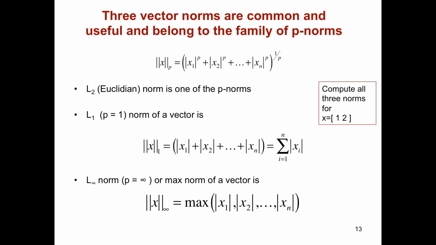And there's one norm that is kind of odd, because we cannot formally take that formula for infinity, but the infinity norm is actually defined as the maximum of all of the absolute values. So there's obvious use for this in many cases.